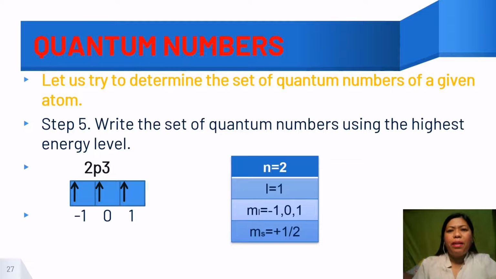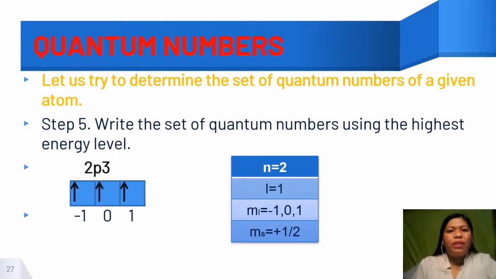The principal quantum or n value of this is 2. Remember that the principal quantum number is the number found before the letter that represents the orbital. The angular momentum number or L value is 1.